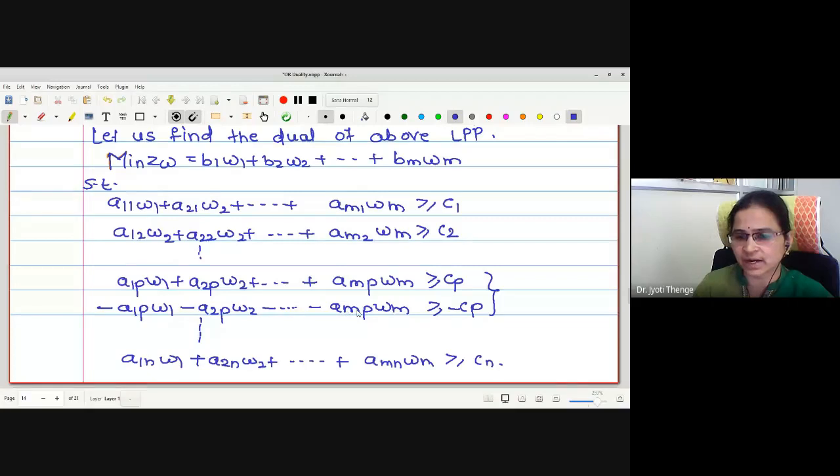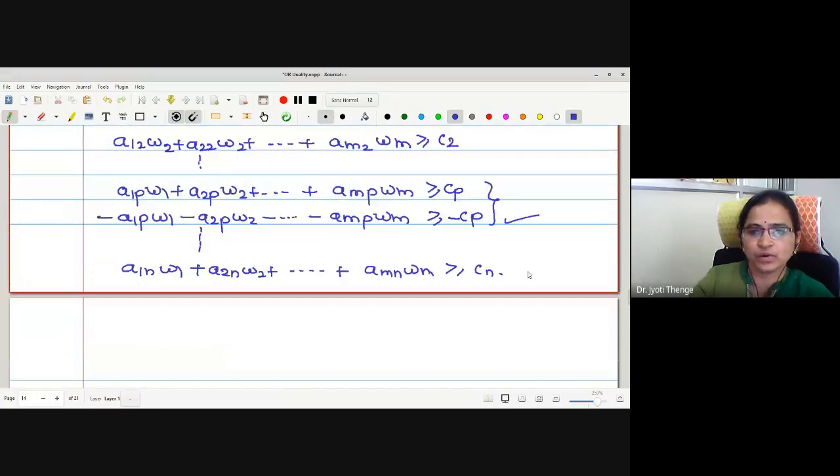These two are exactly the same. If I multiply the second inequality by the negative sign, what will happen? The negative will get absorbed and we obtain the same inequality with less than or equal. One inequality is in greater-equal sign, the other is in less-equal sign. Therefore, we can combine these two as an equality.